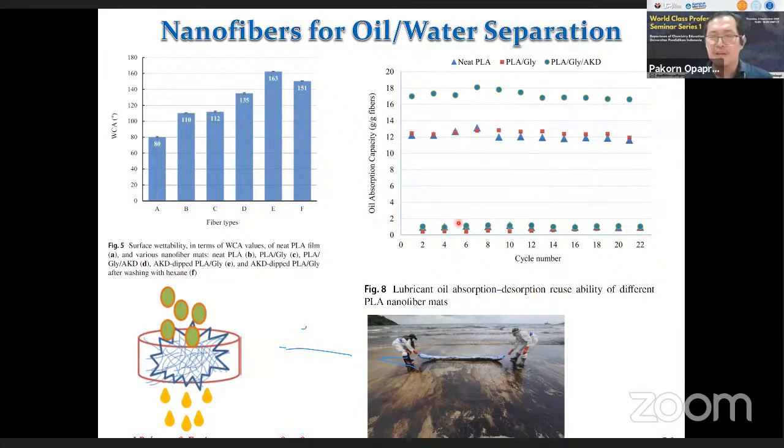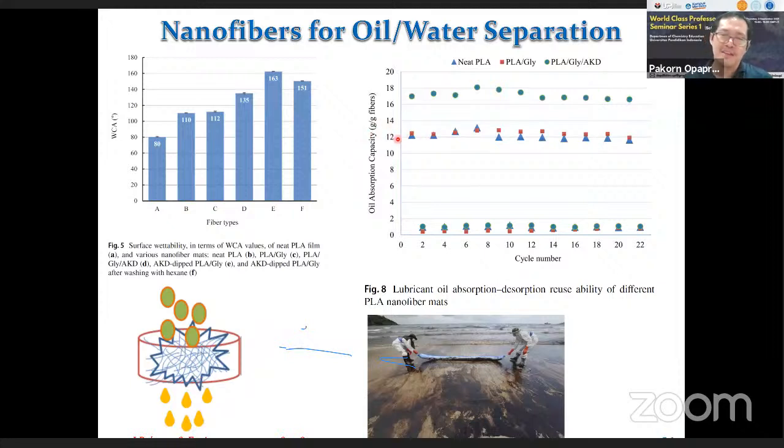And the result here is on the ability of oil absorption. So we prepare an emulsion of oil in water and then pass this emulsion through the fiber. The fiber can absorb oil of 1,200%, so 12 times its weight.